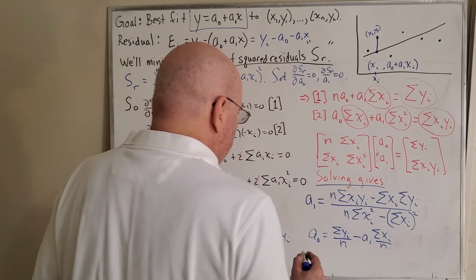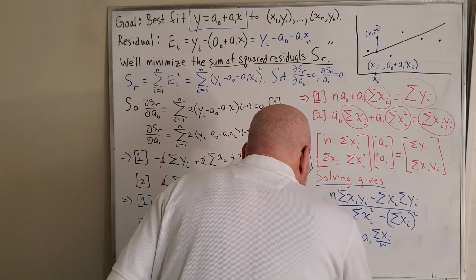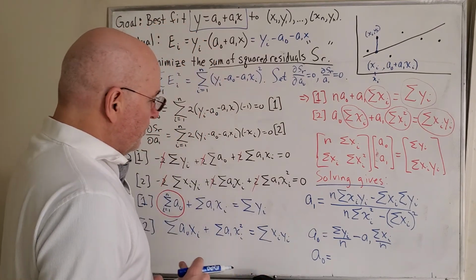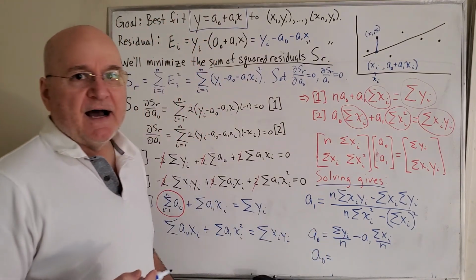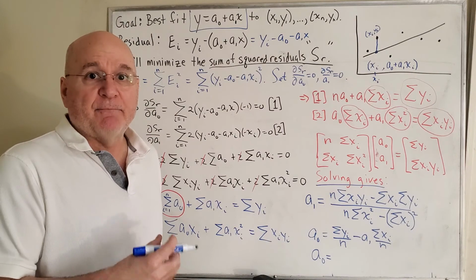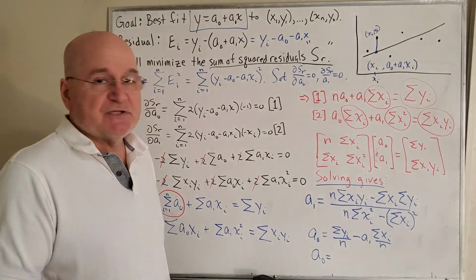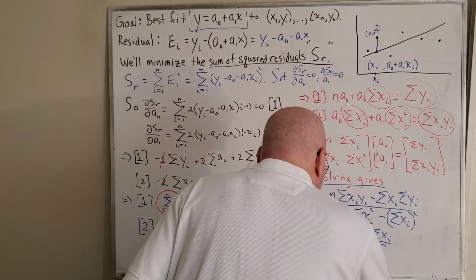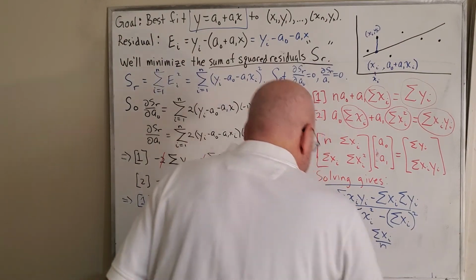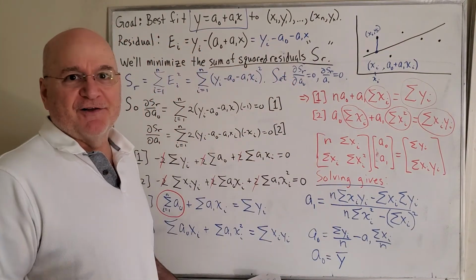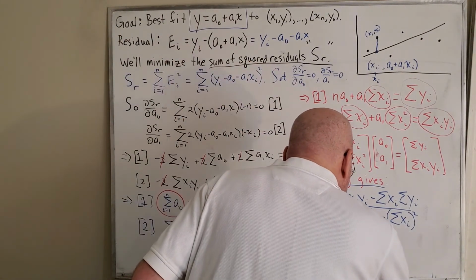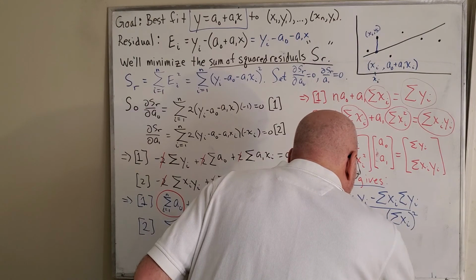And A0 could be rewritten because we know this terminology. What is the sum of the yi's divided by the number of yi's? That's just the average of the y's, right? We could call that y bar. Remember, that means the average of all of the y's. Minus A1 x bar.